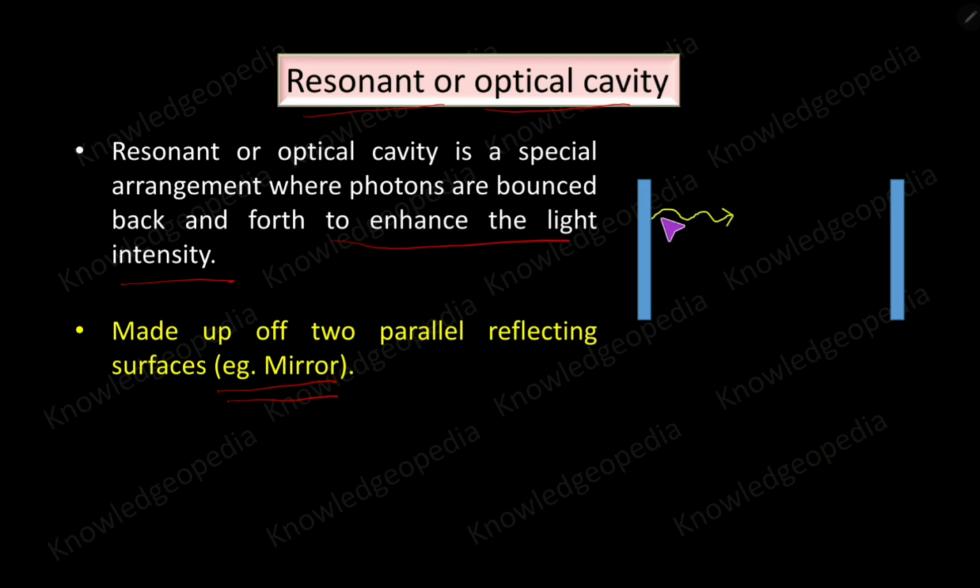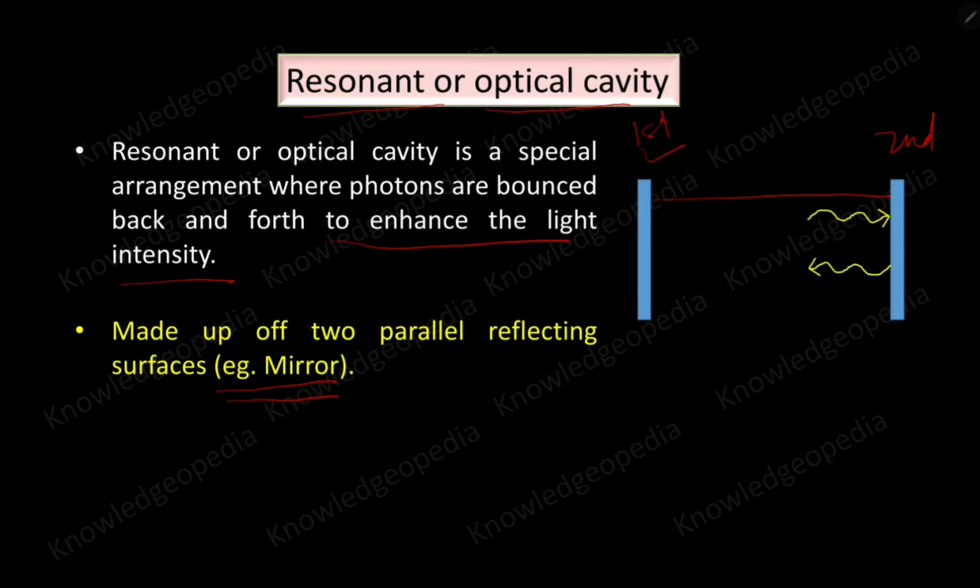if this is a photon over here, when it moves and hits the other surface which is parallel to the first one, this is the first surface, this is the second surface, and this photon started from here and hits this second surface.